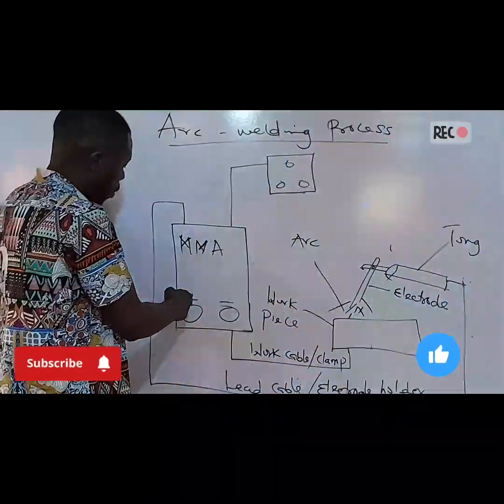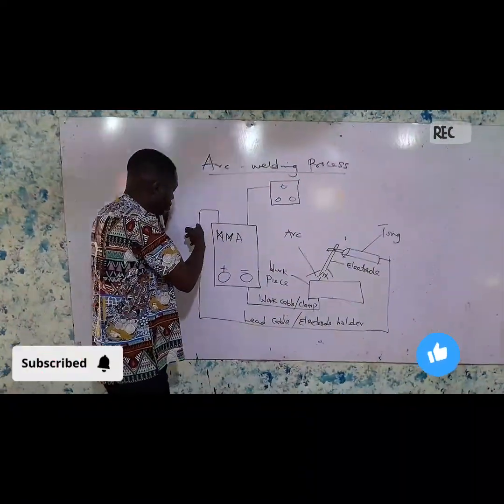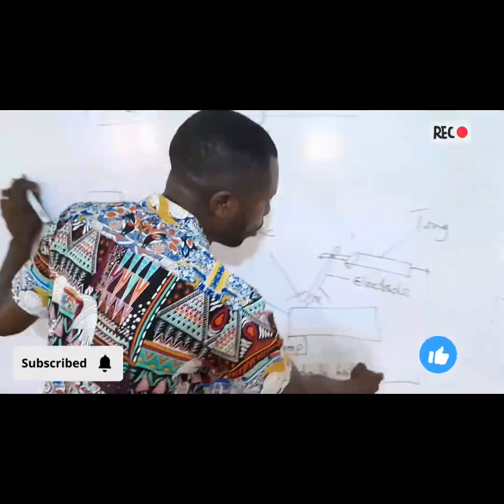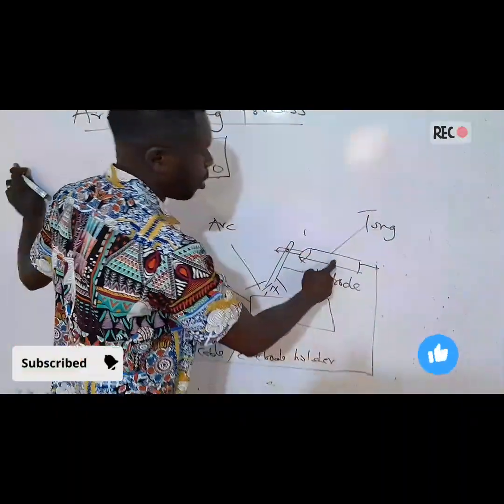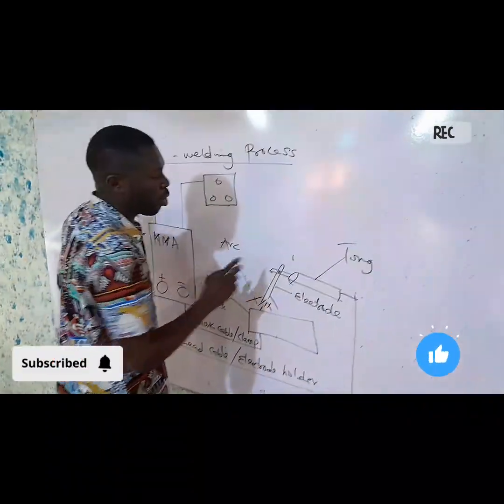And then, of course, there will be free flow of charges, electrons, from this positive polarity through to the lead cable and then to the tongue.